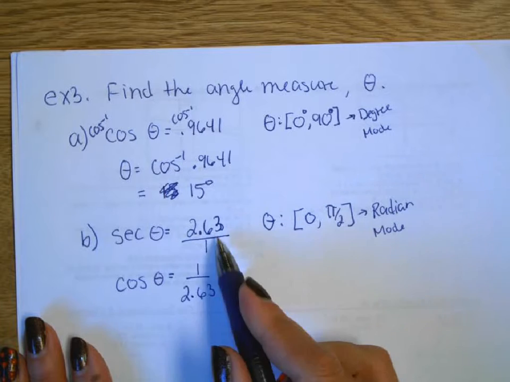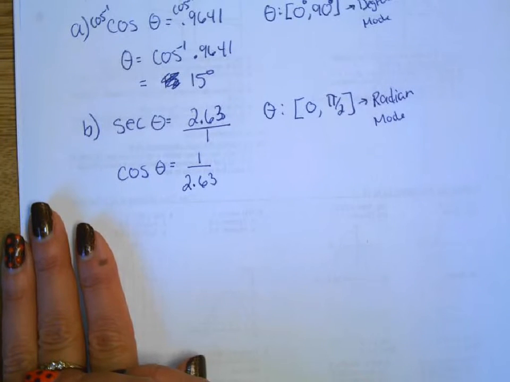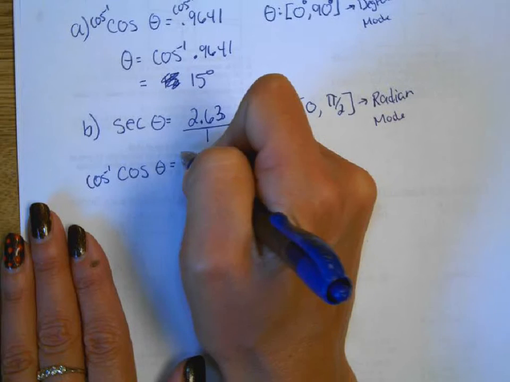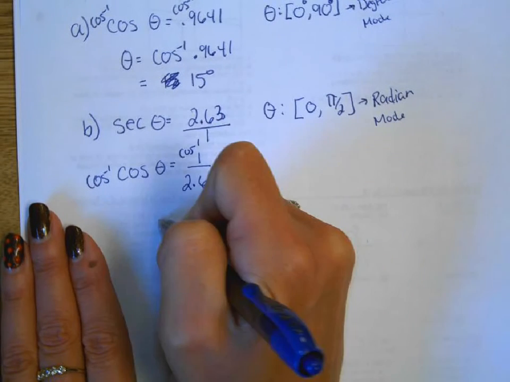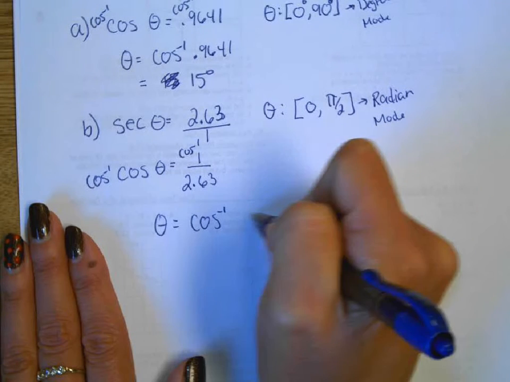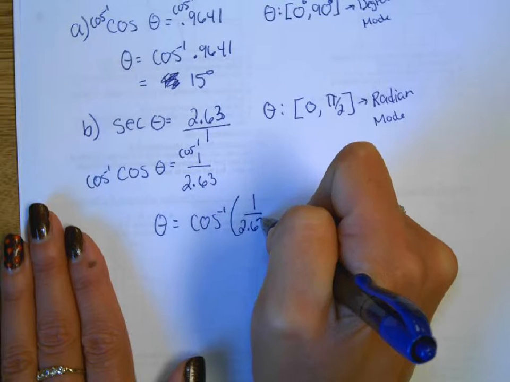If you take the time to rewrite that ratio, now how do I get theta? I'm going to do the inverse cosine on both sides. Theta equals inverse cosine of 1 over 2.63.